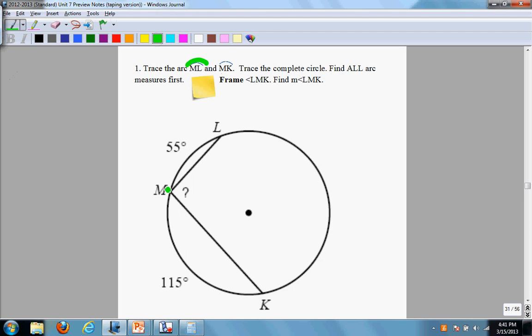So trace M to L. Now also trace M to K. Then it says, trace the complete circle. So starting at L, sweep around. I'd like you to trace the complete circle.